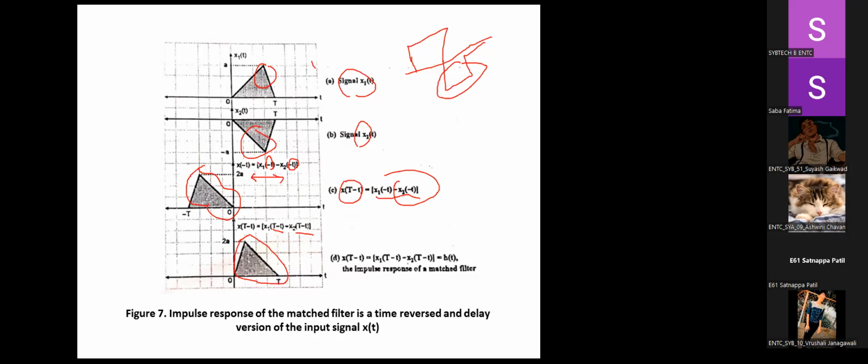Okay, combining these two, here we have the response of the matched filter, that is x1(T minus t) and x2(T minus t). Combined together, the amplitude is 2A here. Okay, 2A. So these are the waveforms.